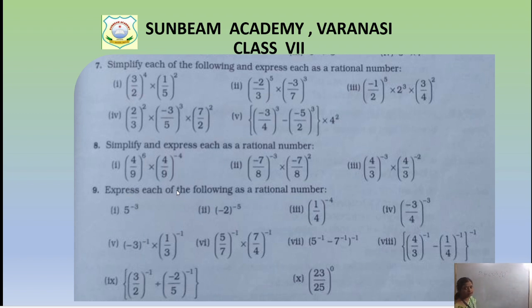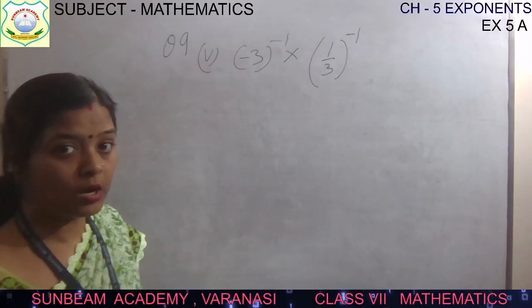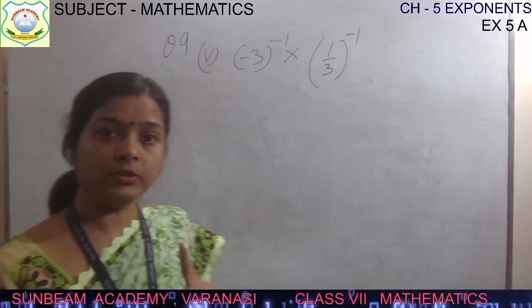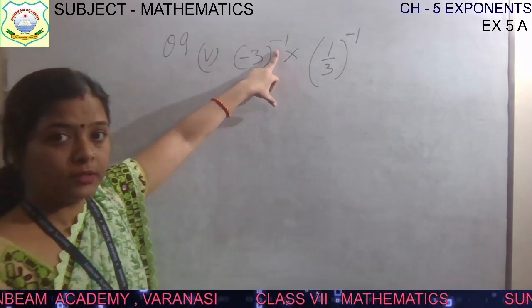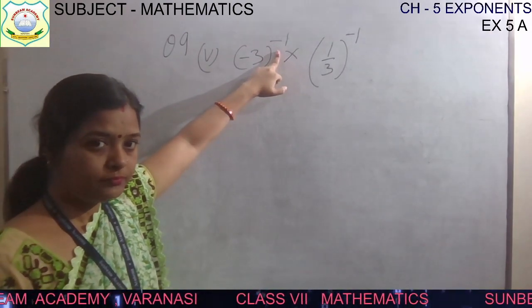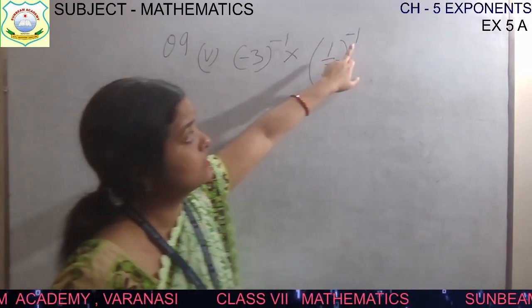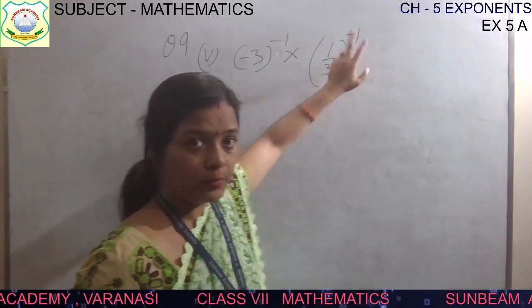Write down the question, children. Fifth part, minus 3 to the power minus 1, with the minus sign, and 1 by 3 to the power minus 1. Now how will we solve this? First of all see the power. Is it negative or positive? It is negative, so we have to make it positive. And the same here, this also we have to make positive.